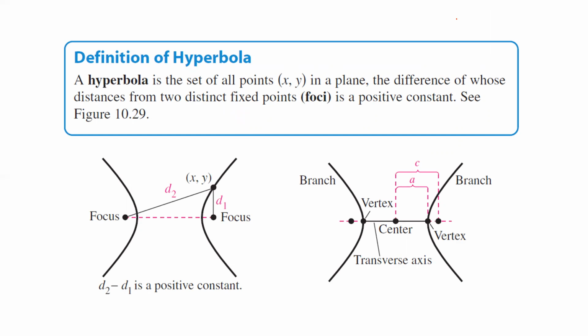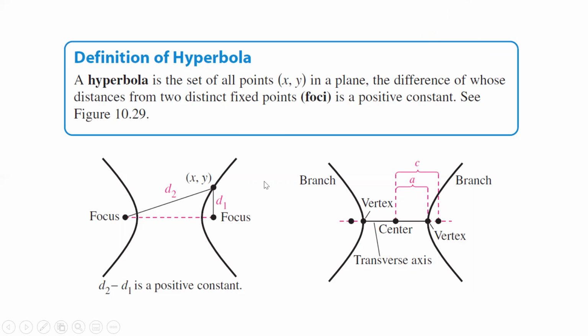Remember ellipses were like this, with the foci right here. In my mind, the hyperbola is like this cut of it, and then it's just facing the opposite way. Instead of being together, it goes the other way. Okay, that's what it looks like.